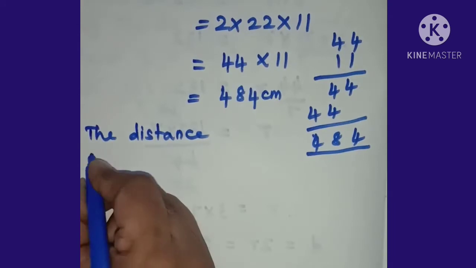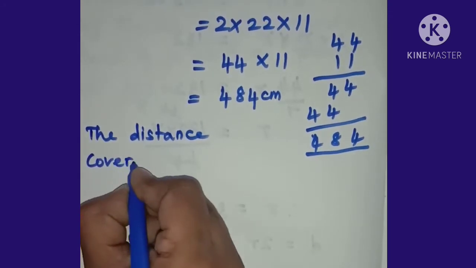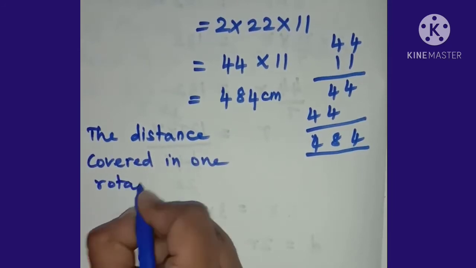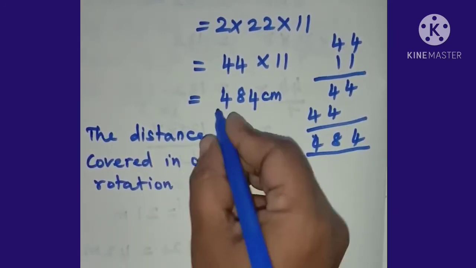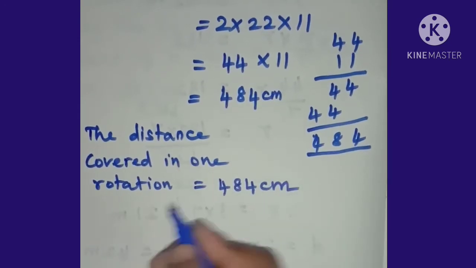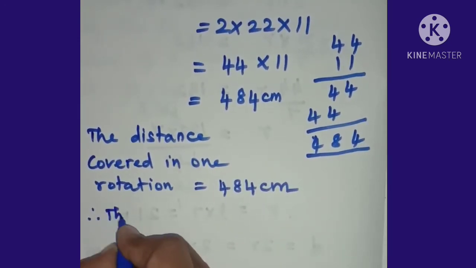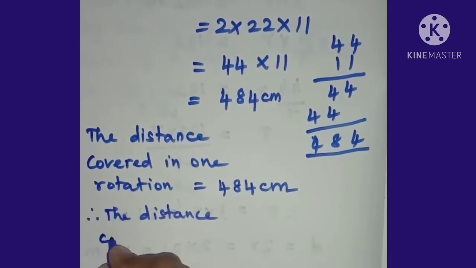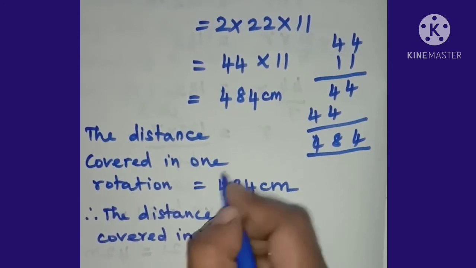Friends, the distance covered in one rotation is 484 centimeters. We have to find the distance covered in 35 rotations.